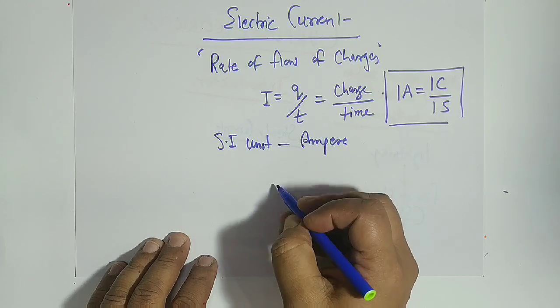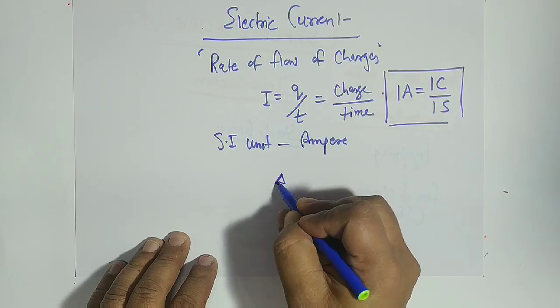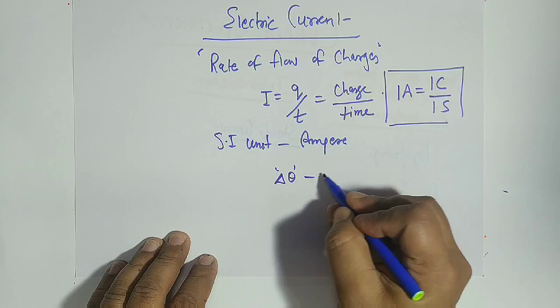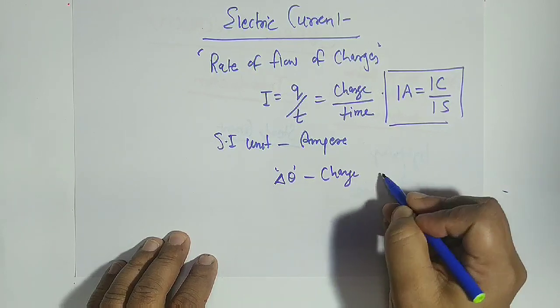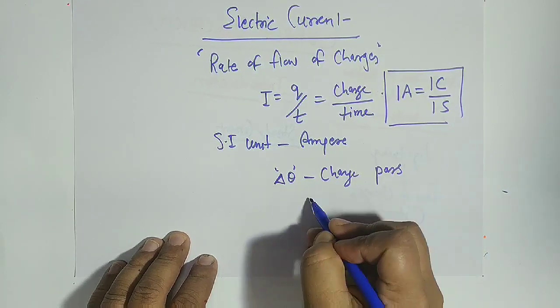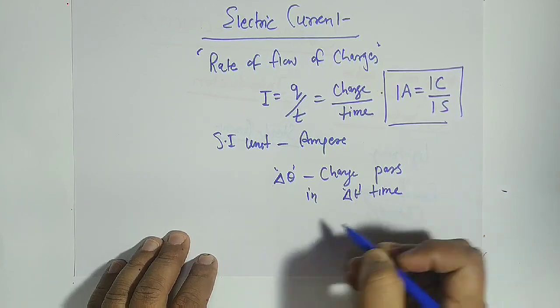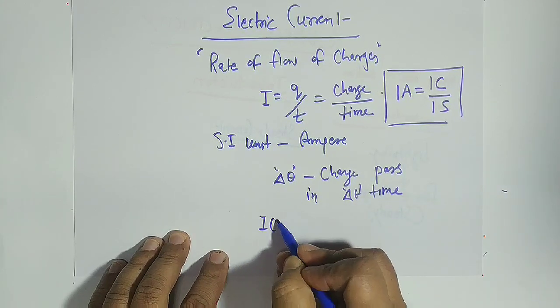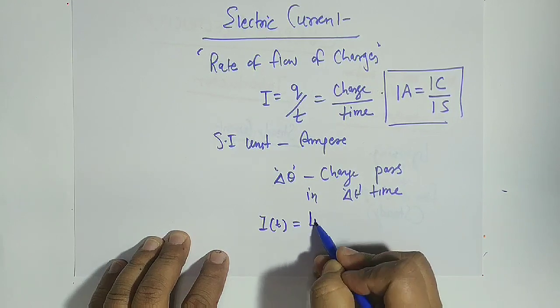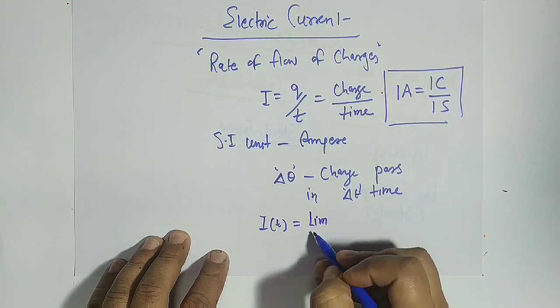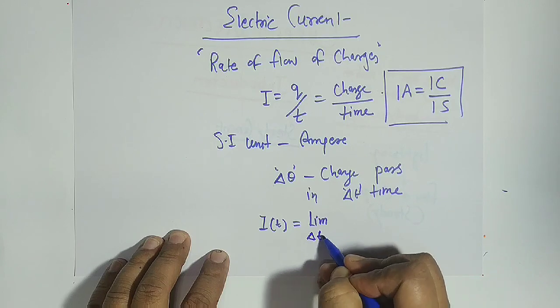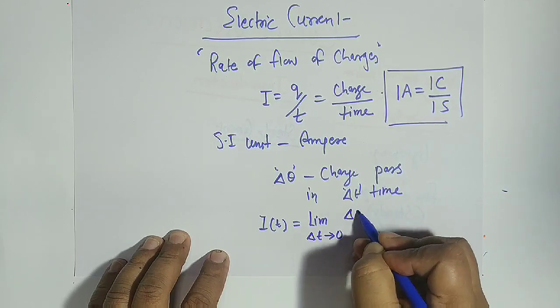Say if delta Q charge passes in delta t time, we can define the current for that time as the limit, delta t tends to 0, of delta Q by delta t.